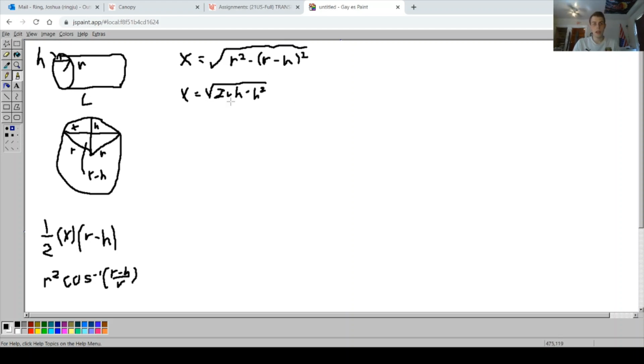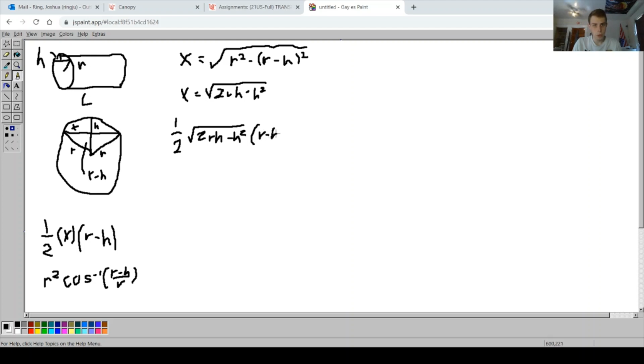So now that we have this, we have to substitute this back into our triangle formula, or the area of our triangle. So the x just goes into this x. So we will have 1/2, plug this into the x like I said, and then times r minus h.